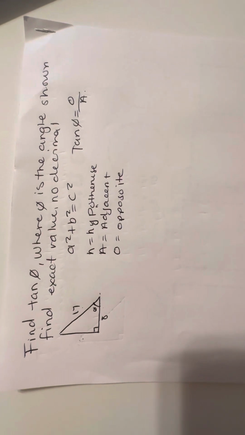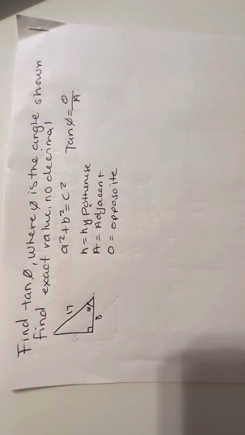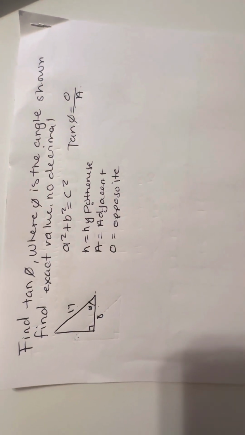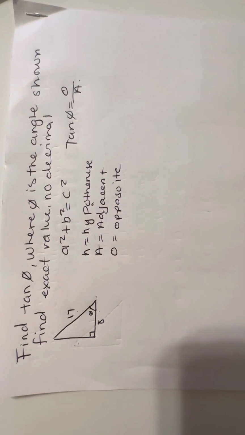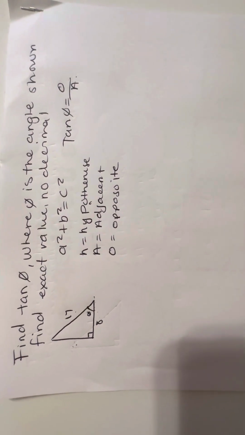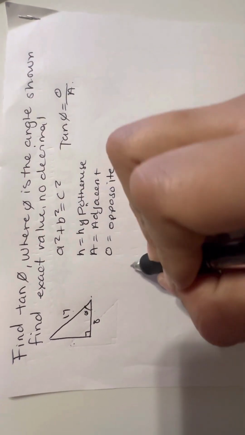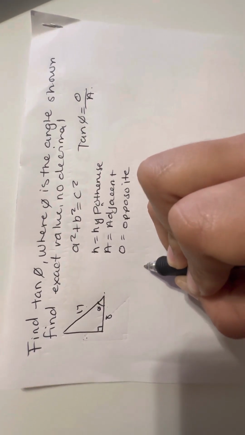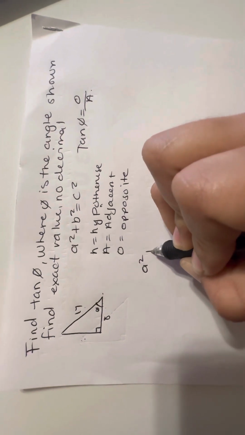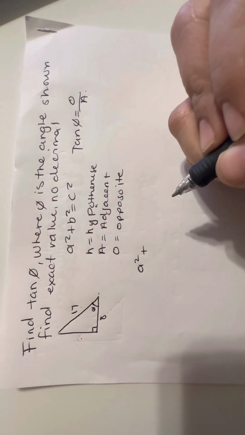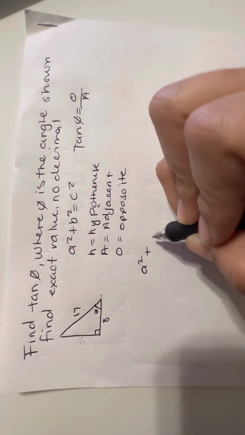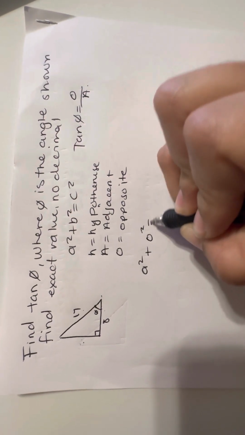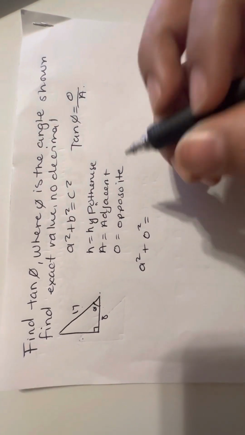Before we do the actual problem, let's go back into the Pythagorean theorem. Remember, it's a squared plus b squared equals c squared. Here a squared would be a, as in our adjacent, squared, plus b squared will be o, which is our opposite, equals, of course, the hypotenuse.